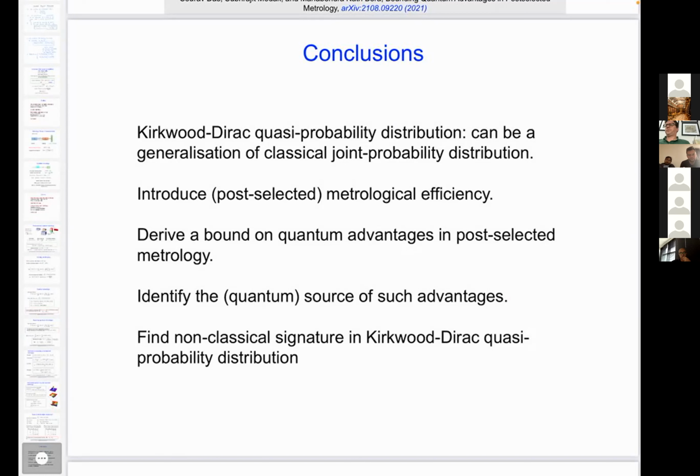Suppose my system observable is A and my post-selection observable is F. If there is some non-compatibility, suppose A and F are non-commuting, is it sufficient to have any non-classical advantages? So our argument differs in that way.